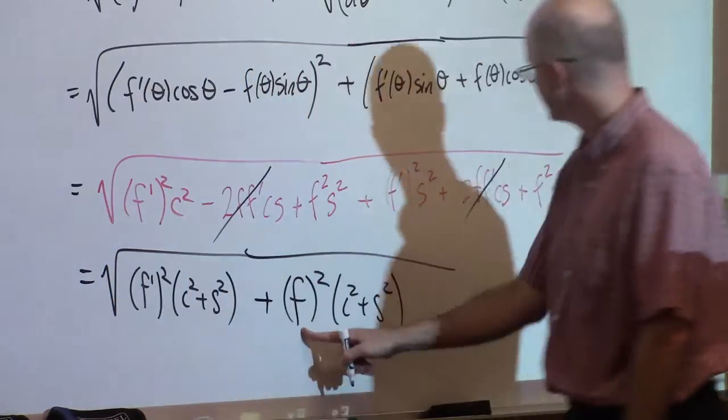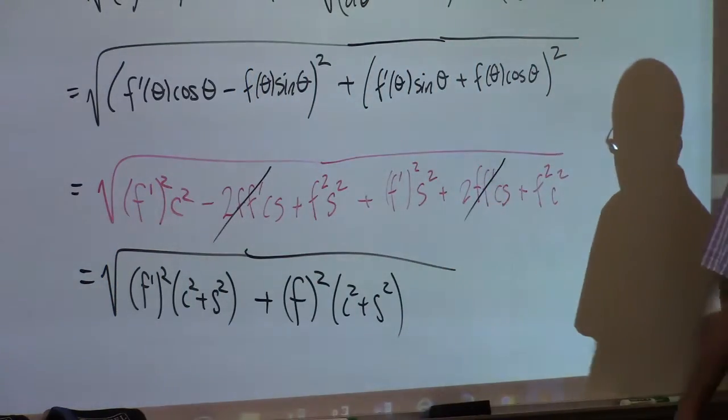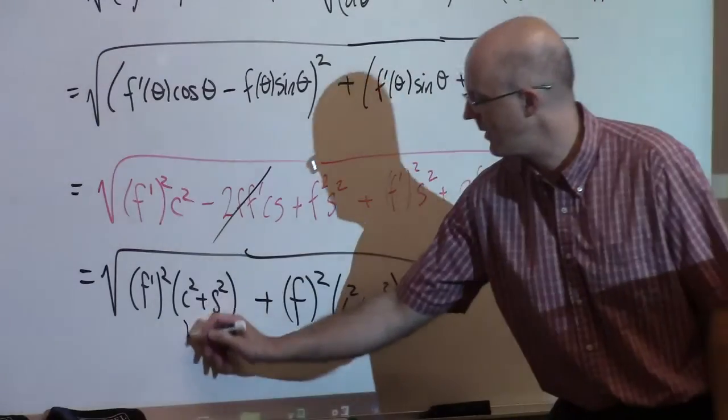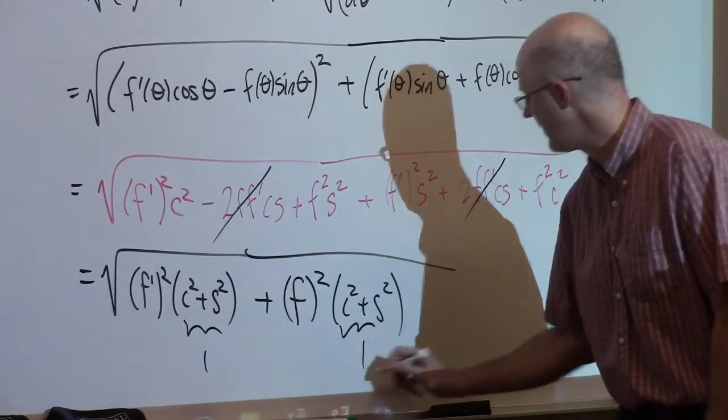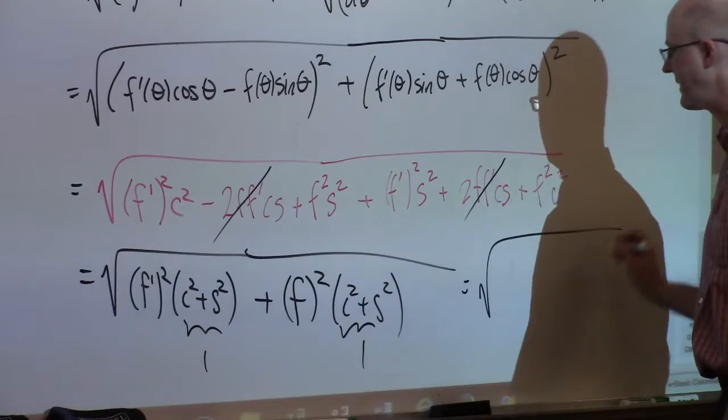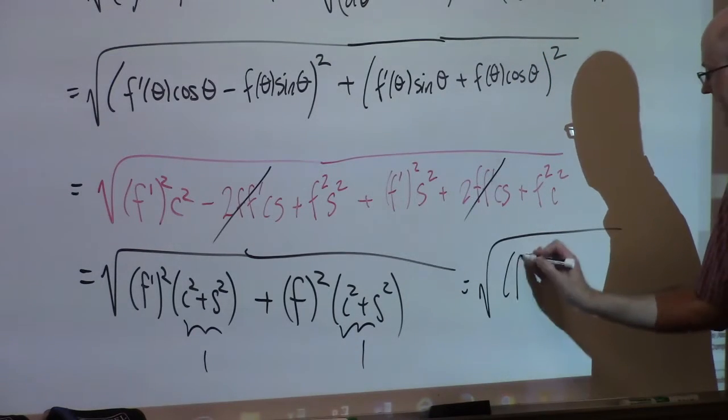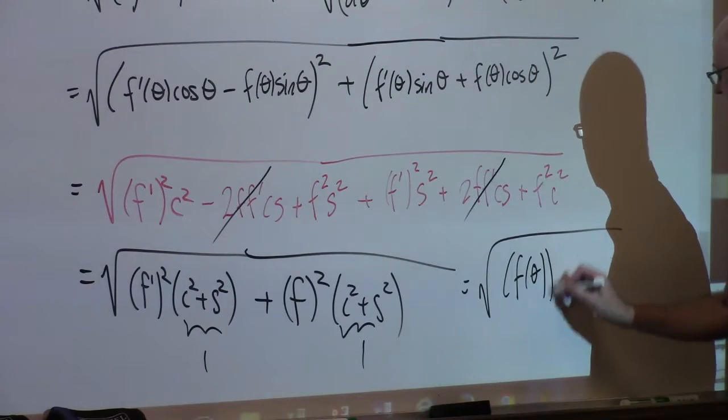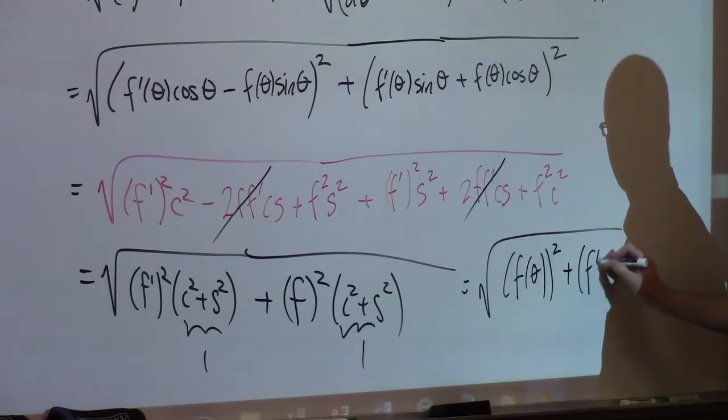I guess I don't need parentheses there, but I put them anyway. And this is one, and this is one, so this simplifies to, now I'll put the theta back in. And I'll rearrange: f of theta squared plus f prime of theta squared.